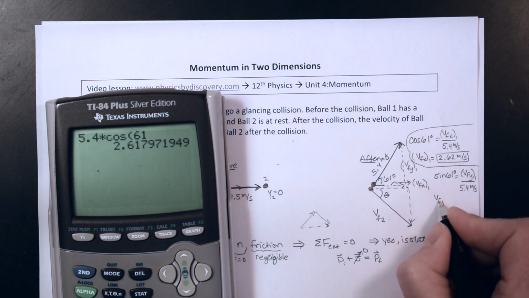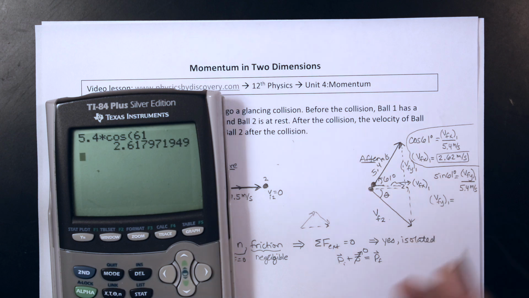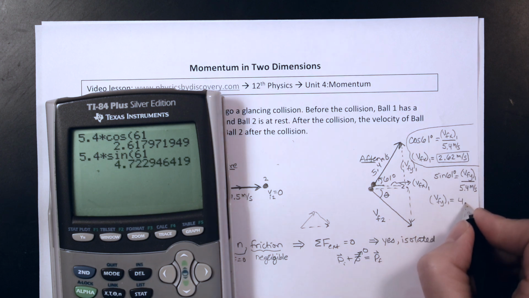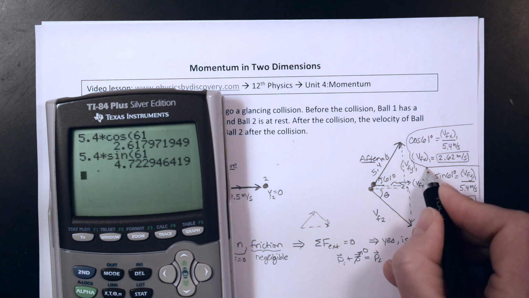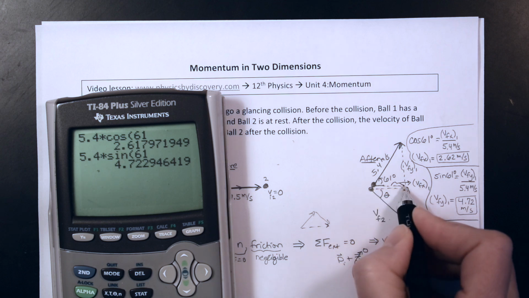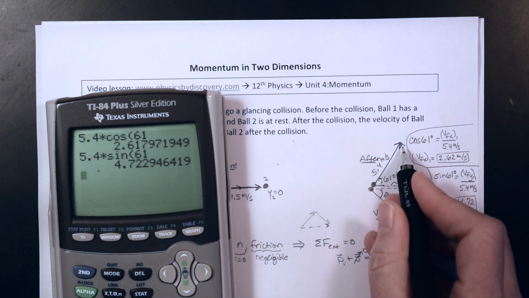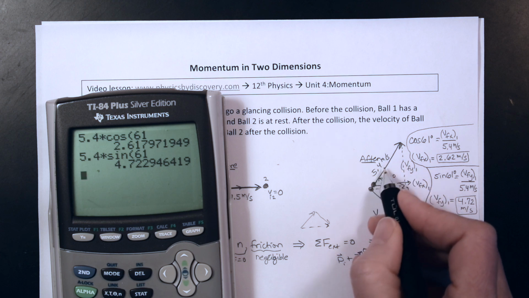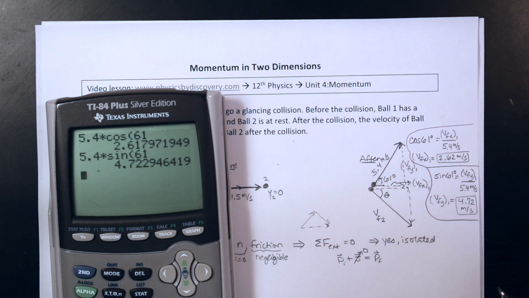So V_fy1 equals 5.4 times the sine of 61, which is 4.72 meters per second. All right, I now have found the horizontal and vertical components of that final velocity for ball 1, so they're ready to use in my equations.